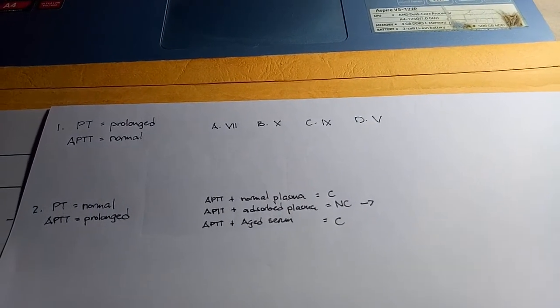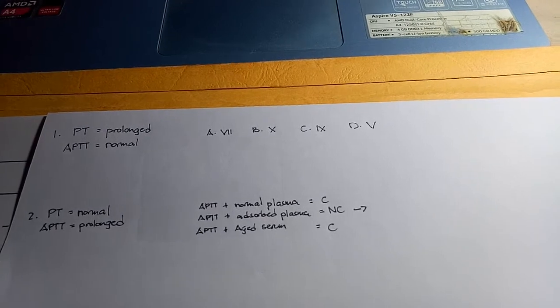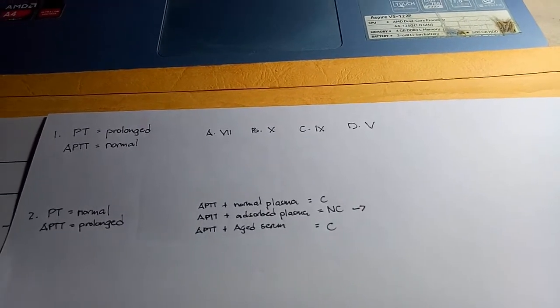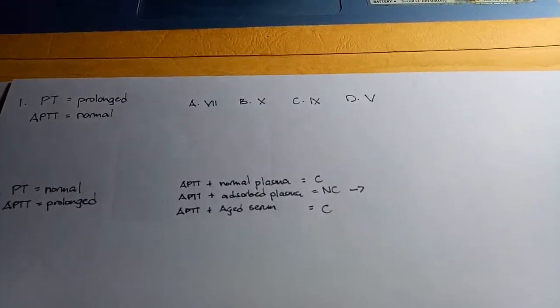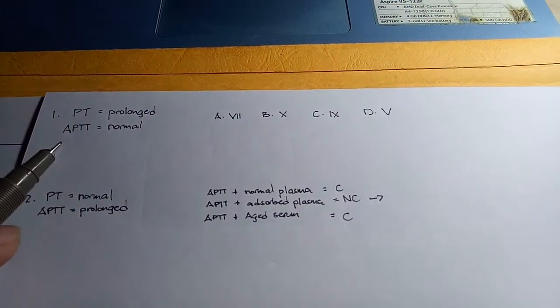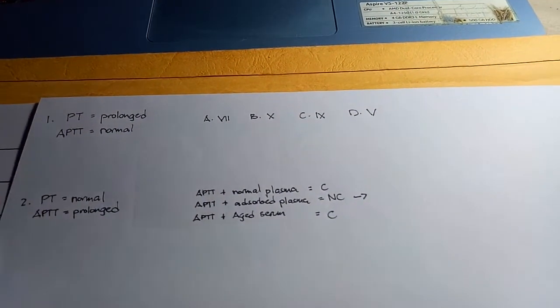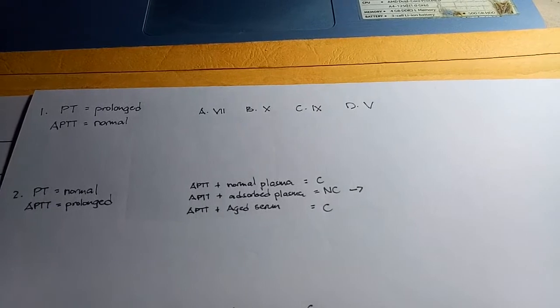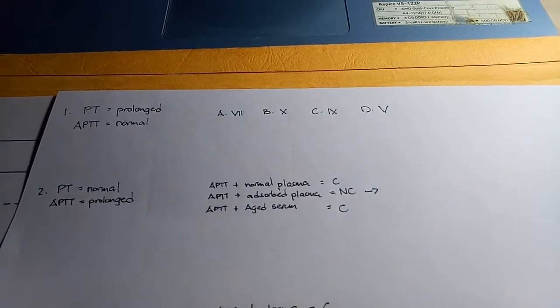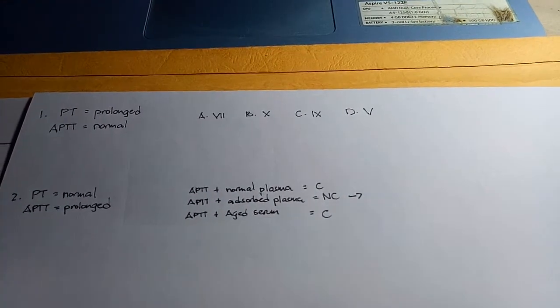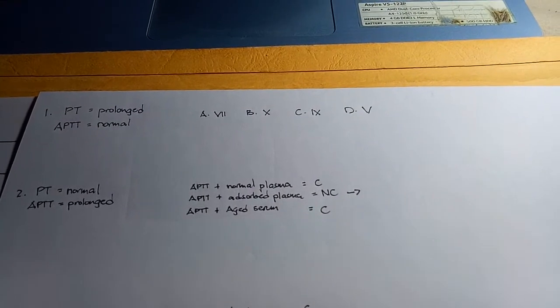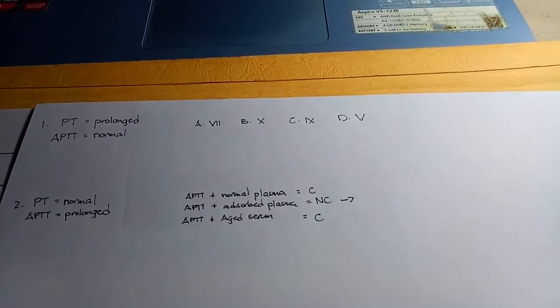So, lahat ng coagulation factors natin sa common pathway is present. Okay? Nandyan, hindi missing. Next, dahil APTT is normal, meaning lahat ng coagulation factors natin that belongs to the intrinsic pathway is also present, hindi siya missing, okay?